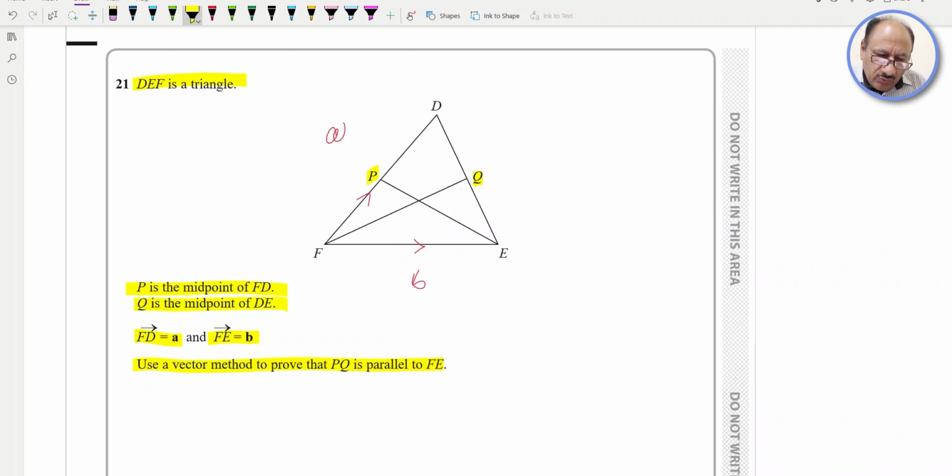So PQ we can identify by joining P with Q. This will be our PQ which we can join, and PQ will be this one.